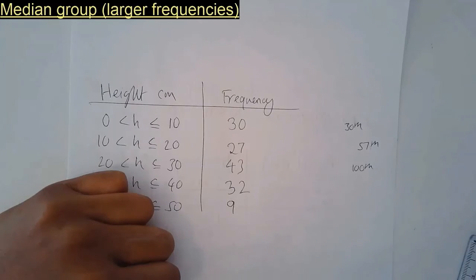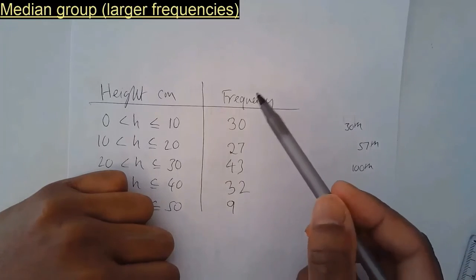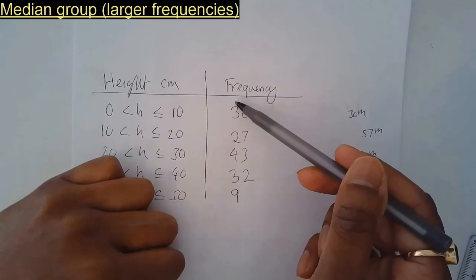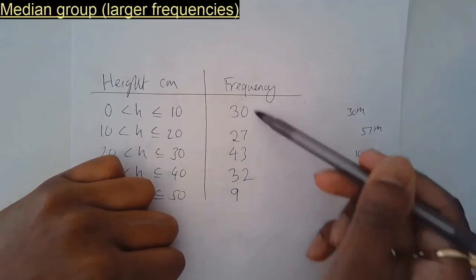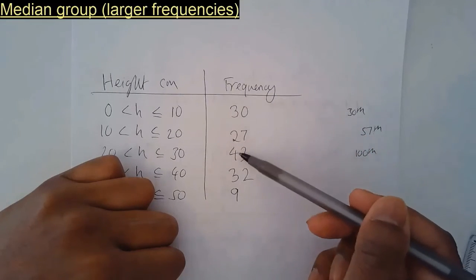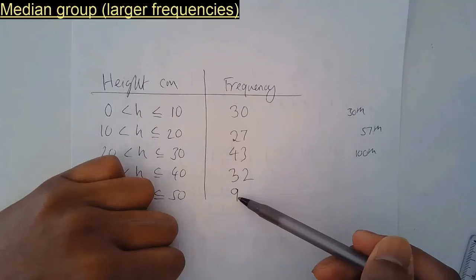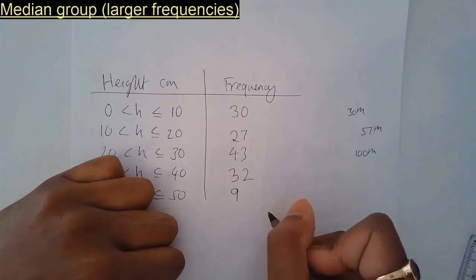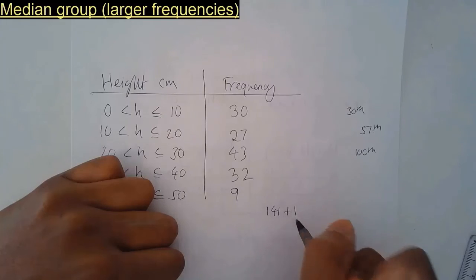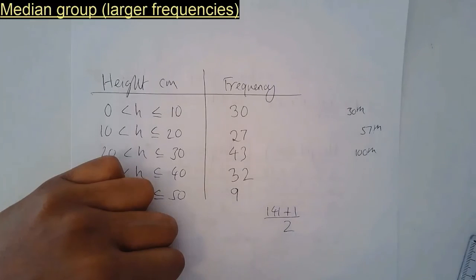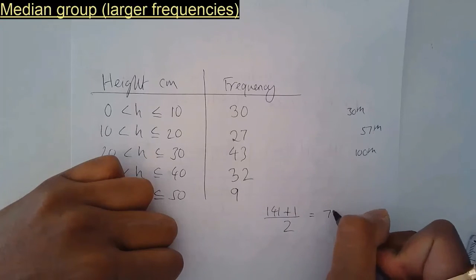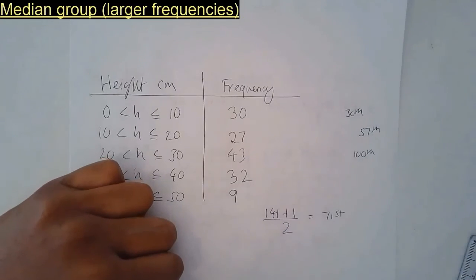So what we do is, as usual, to find the median position, add this up. You'll get 141. Remember to add 1 and then halve it. 142 divided by 2 is 71. So we're looking for the 71st value.